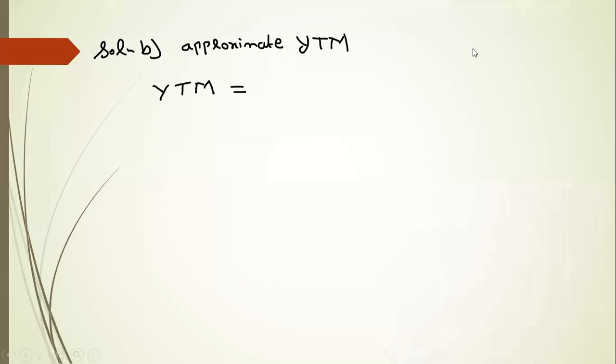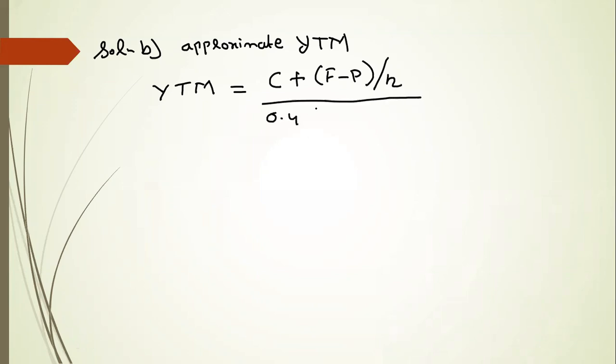So YTM is equal to C plus F minus P divided by N, whole divided by 0.4 into F plus 0.6 into P. So this is the formula we will use to calculate approximate YTM.